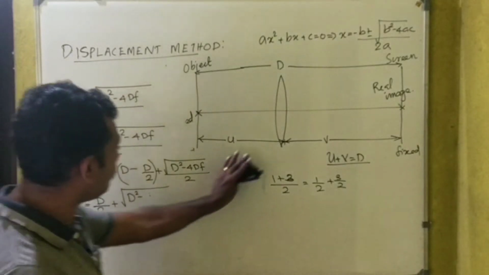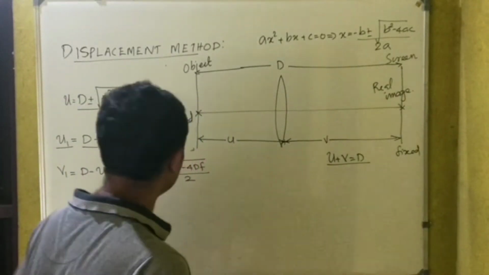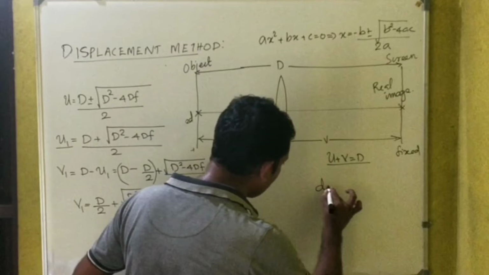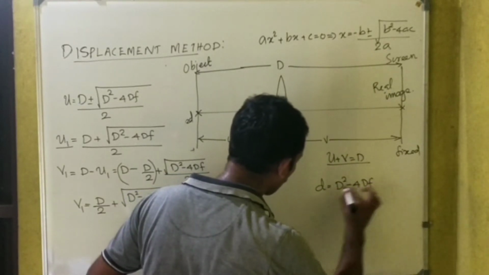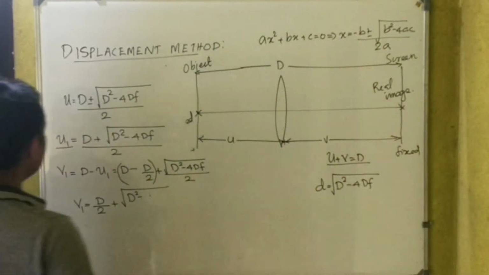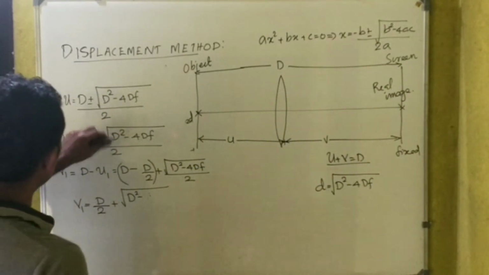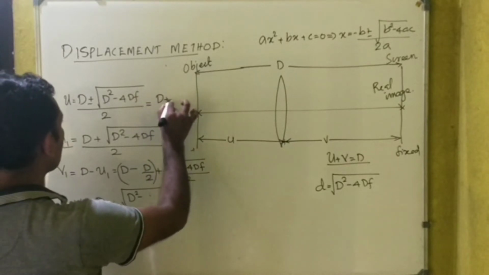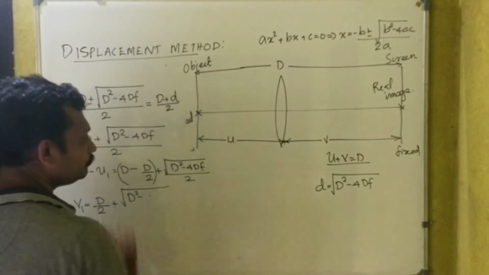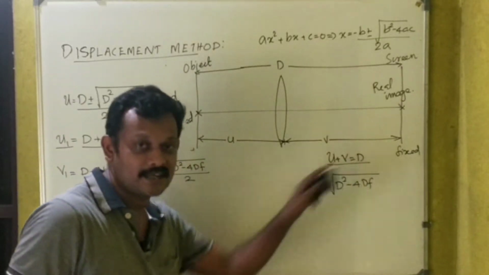Okay, for our convenience, I am going to do one thing. I will put small d is equal to root of d square minus 4df. In that case, I will get this as capital D plus small d by 2. I'm writing small d as this thing, right?